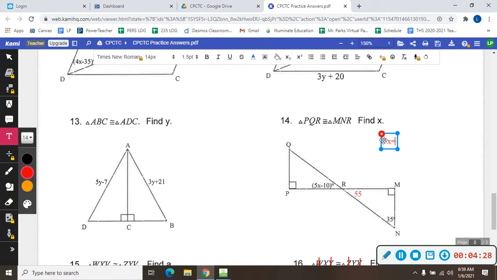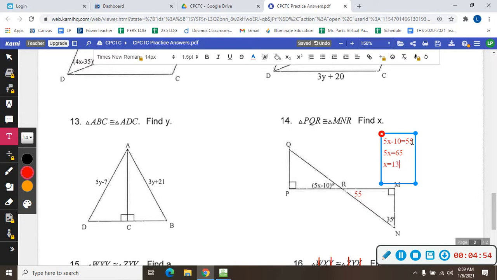So if the vertical angles are equal, that should be a minus. Then I add 10 to both sides, and then I take 65 divided by 5, and I get 13.